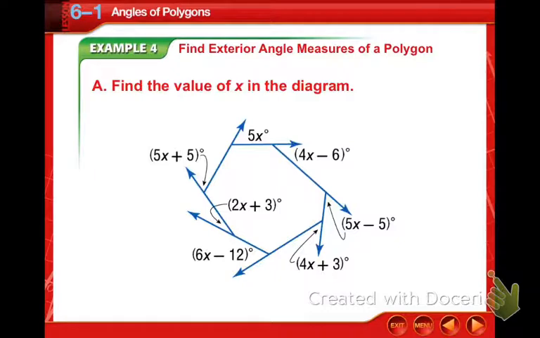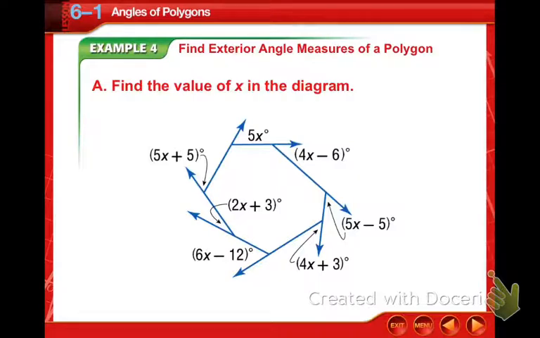Usually with stuff like this, you would set it up horizontally. I'm going to set it up vertically. Horizontally would mean like, all the way across, right? So it'd be 5x plus 5 plus 5x plus 4x minus 6 and so on. But that is very long. For one, we don't have a ton of space here on the screen. So to save space, I'm going to do a vertical addition of this stuff.